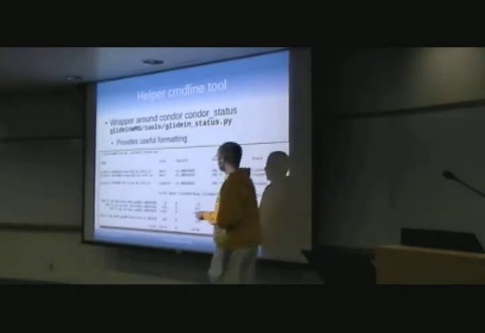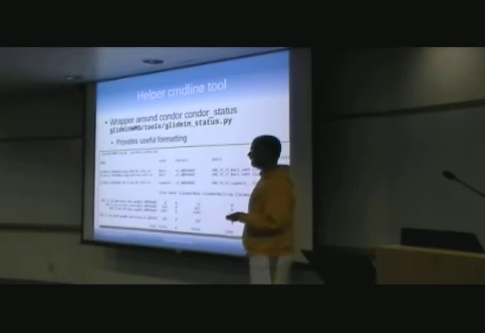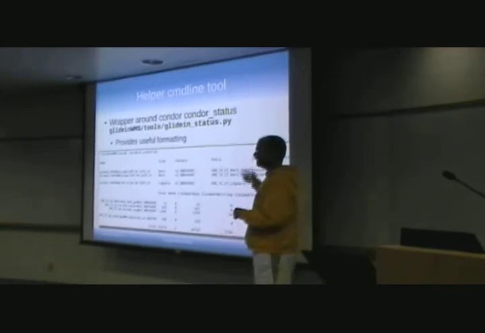So if you use glidein_status, you will get the site, the factory, and the entry that requested the glidein. It's really long, so it won't fit on the slide. This part is essentially the same as condor_status, so that at the site you can actually see where the glidein is coming from.